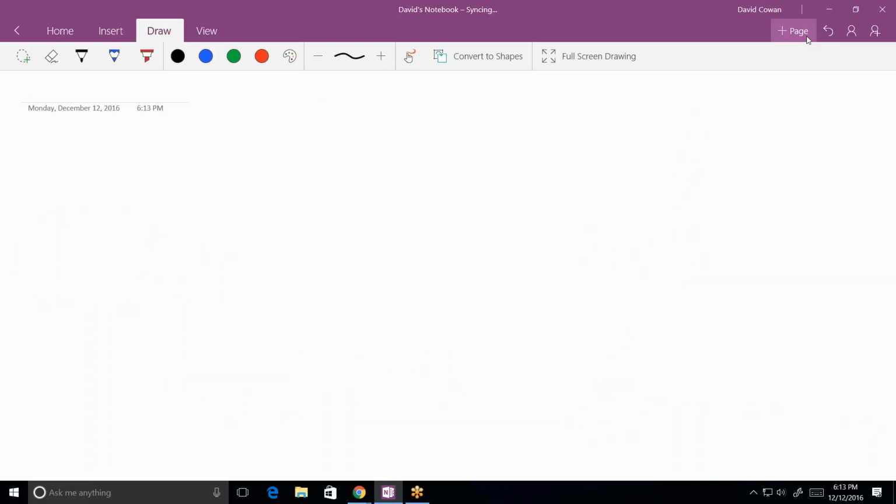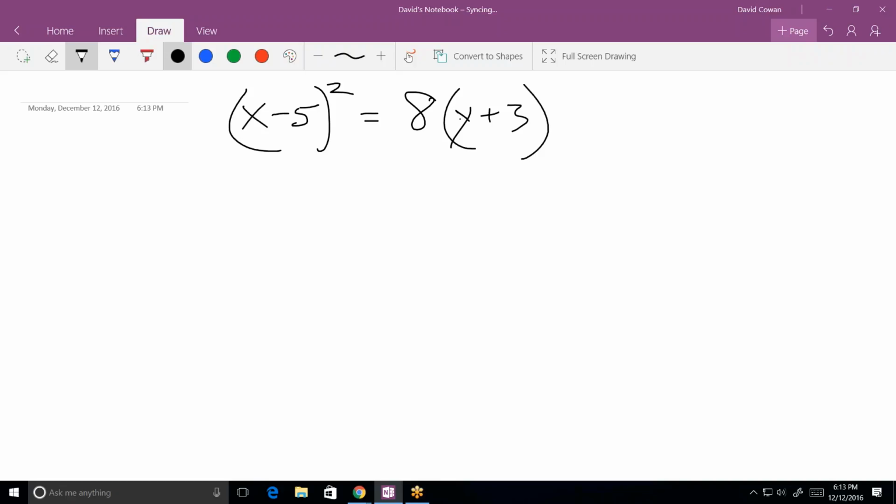For parabolas, if I have the equation (x minus 5) quantity squared equals 8 times (y plus 3), how would I graph that?